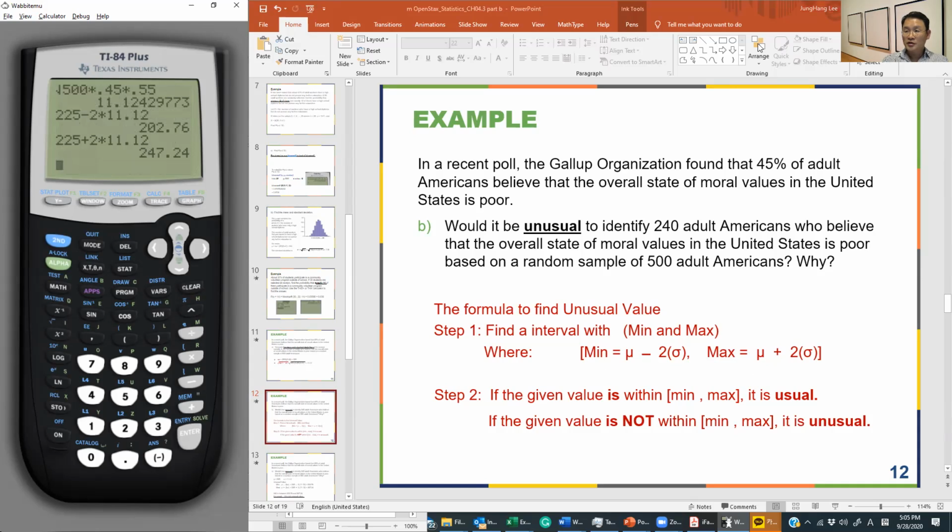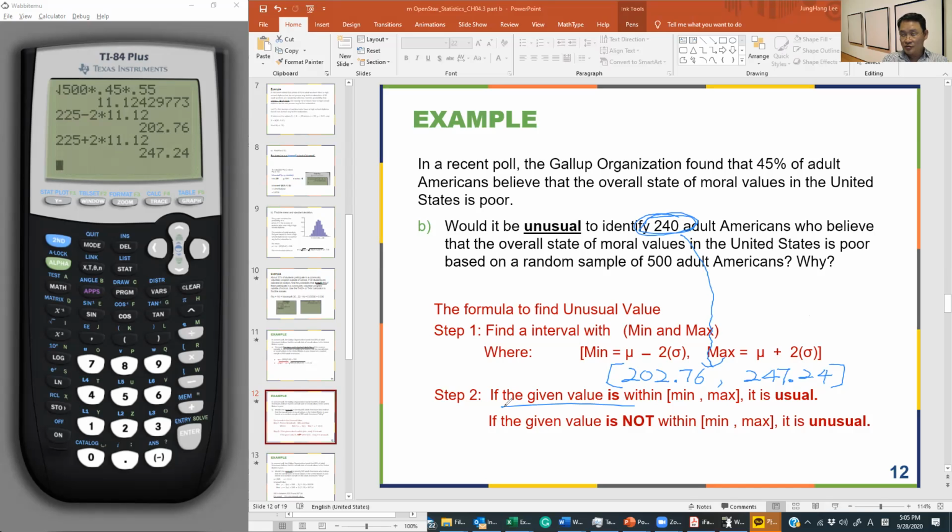So that will set up this interval as 202.76 and 247.24. Now, this given value, 240, is it between this interval or is it outside of this interval?